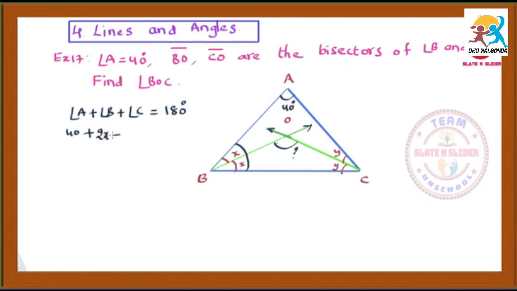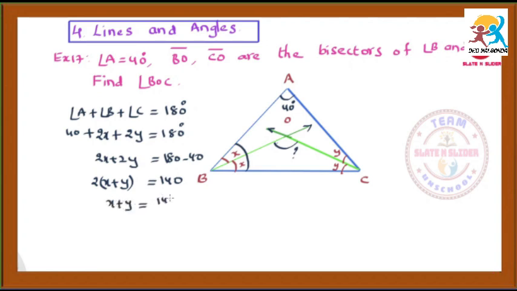So angle B is 2x plus angle C is 2y is equal to 180 degrees. Just substitute 2x plus 2y is equal to 180 minus 40. So take 2 as common. So it will become 2 of x plus y is equal to 140. So x plus y is equal to 140 by 2. So x plus y is equal to 70.